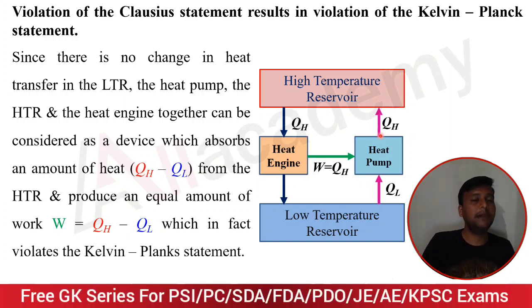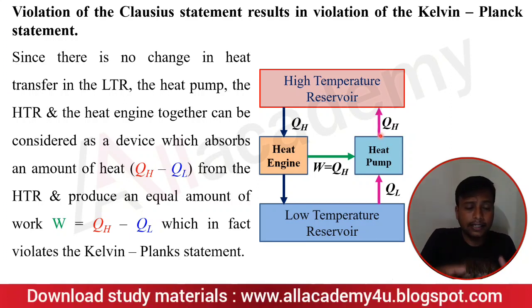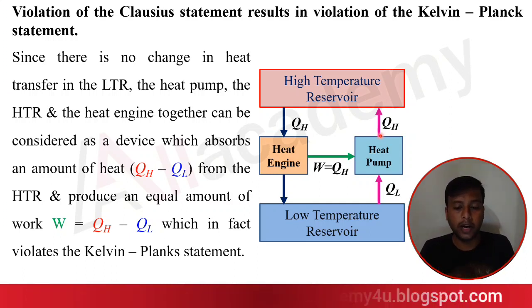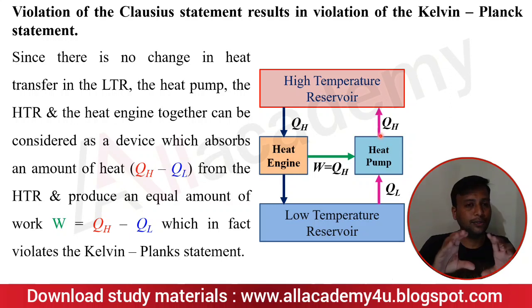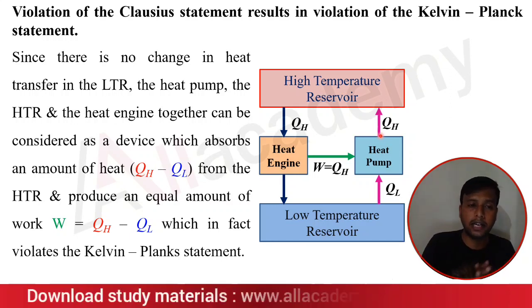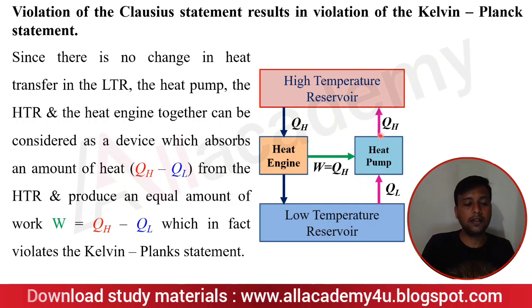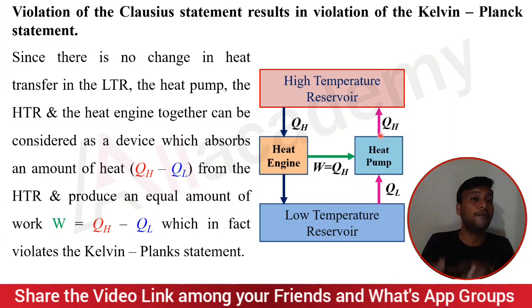Sometimes they directly ask to show that the violation of the Clausius statement results in the violation of the Kelvin-Planck statement. In that case, explain only that; no need to explain the other type. And in some questions, they ask for the violation of the Kelvin-Planck statement resulting in the violation of the Clausius statement.